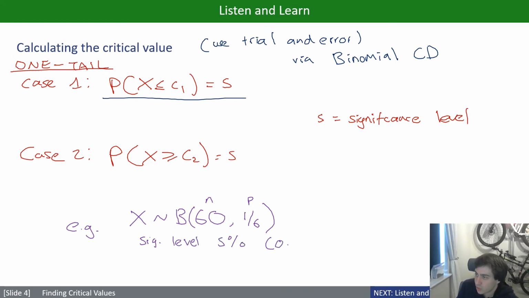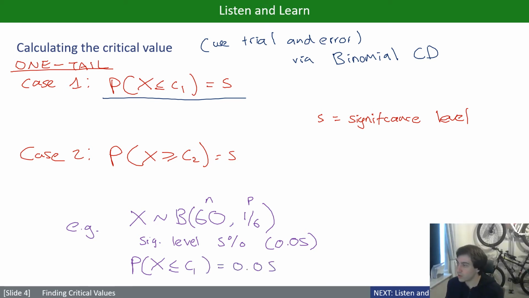Remember, that's the same as 0.05. And let's say I want to find the lower tail, the one on the left. Can you find what the C1 value is? Use the binomial CD function.